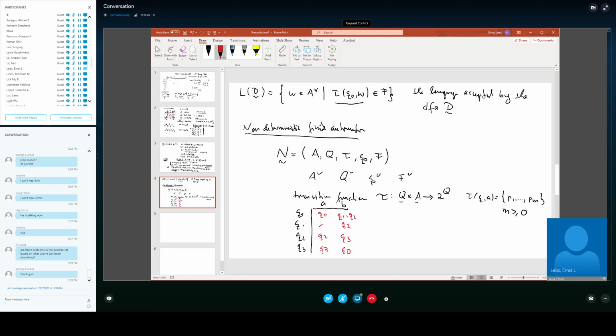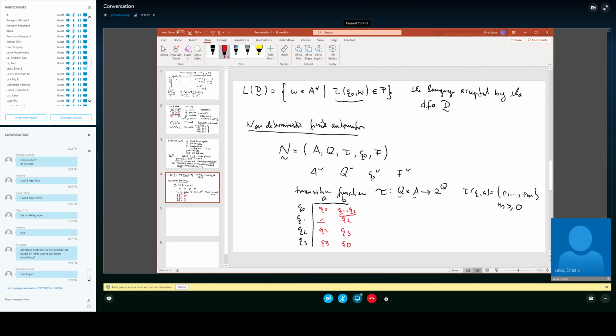So now this is clearly not deterministic, because we have two states here and we have no state here. This is now a situation where the transition function maps a state and a letter into a set of states. Under Q0 under A we still have a single state, but Q0 under B, for instance, we have two states, Q1 and Q2.